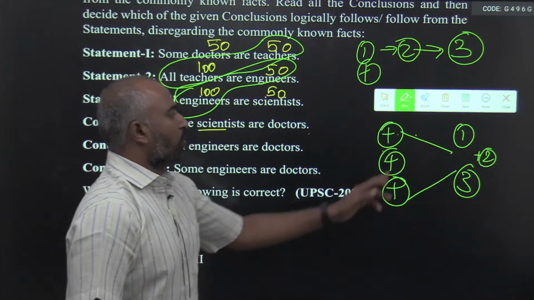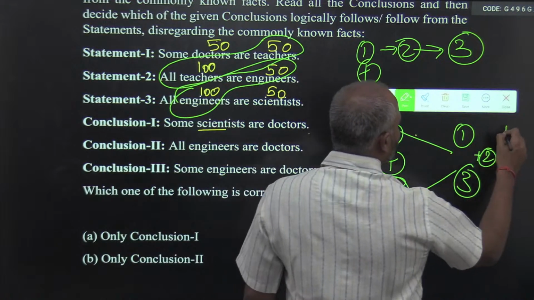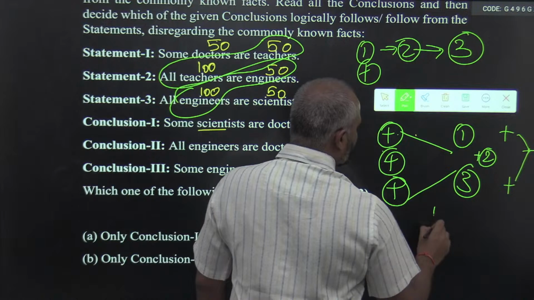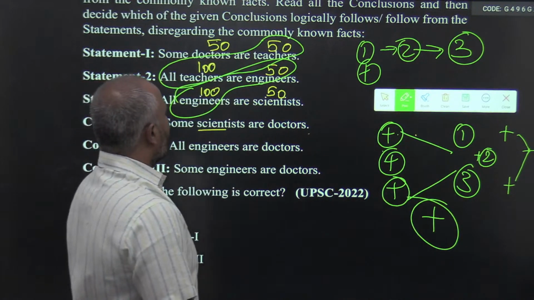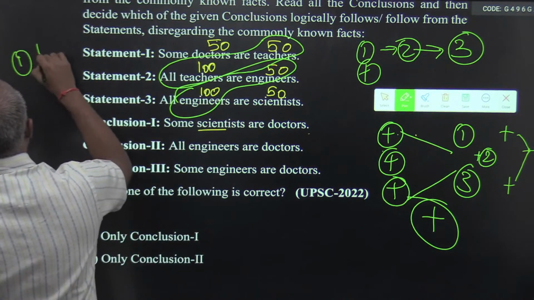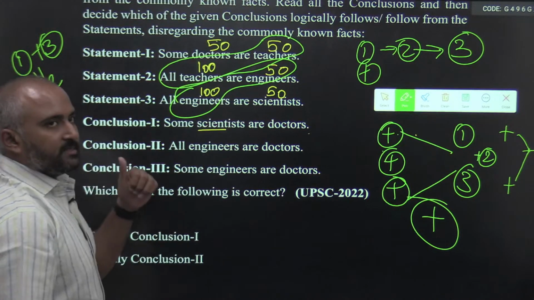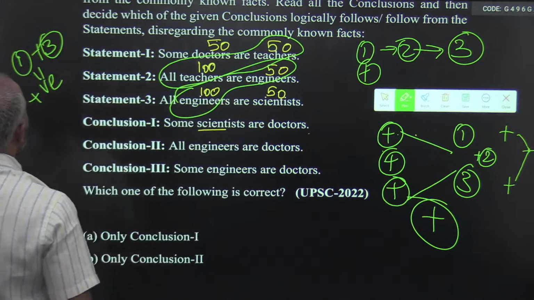So this is positive, positive. Conclusion is positive, and again positive and positive will give you positive. So all the conclusions that can be drawn from 1 and 3 should be positive, the nature should be positive and the value should also be agreed upon.